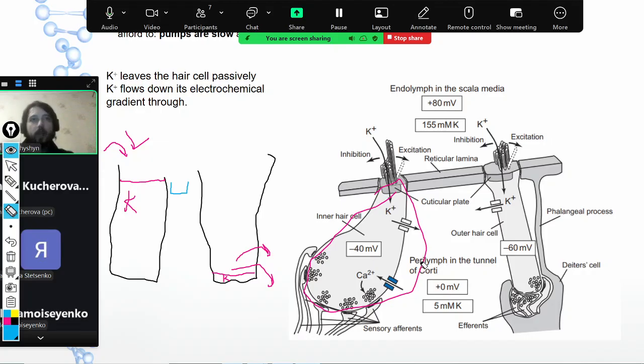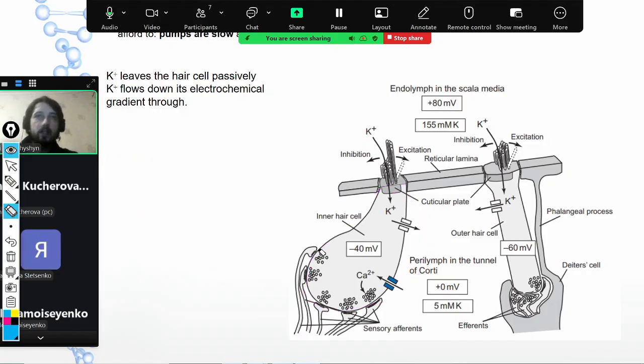Connects to one, activates, so depolarizes, generates some neurotransmitter release, and then connects to another, and everything goes back to its state where it was. So that's basically the logic behind the operation of these cells.